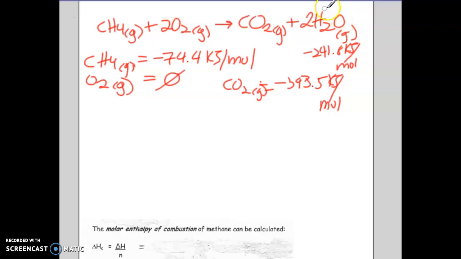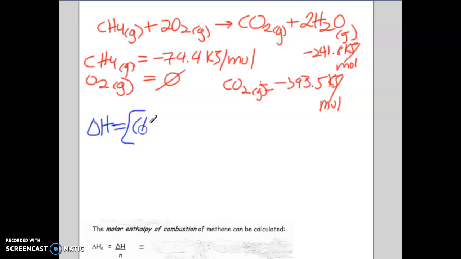Okay, so if we were to now determine delta H, remember, we're going to add up all of the product delta HFs, including taking into consideration the moles. So let's take a look.